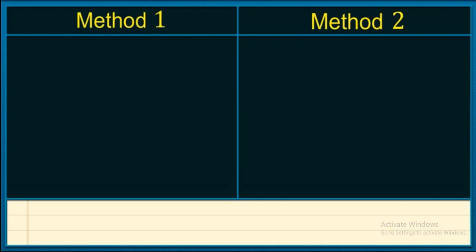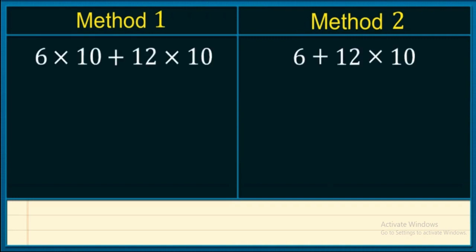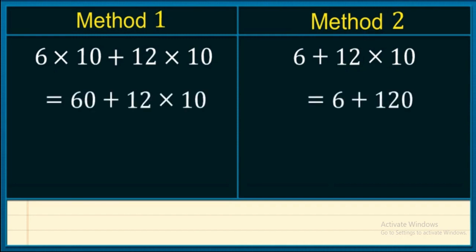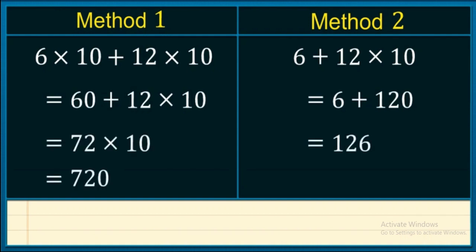The expressions given here show the sequence in which the calculation is done in both methods. If such expressions are given directly for solving, there are chances of mistakes occurring.